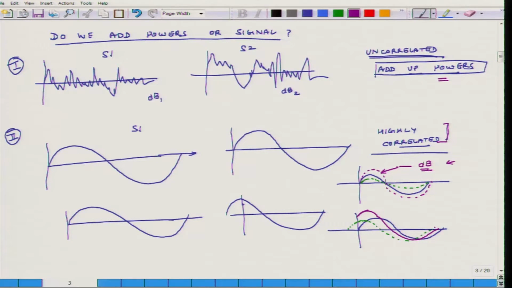Maybe we will get something like this, but the point is that I can calculate decibels from this added up signal. So, here I am adding up pressures when I have correlation, but if I do not have correlation, I do not know how pressures can be added up, but wattage is an aggregate quantity, so I add up powers. Okay. So, in uncorrelated signals we calculate decibels by using powers. In correlated signals, we calculate total decibels by using addition of pressures.